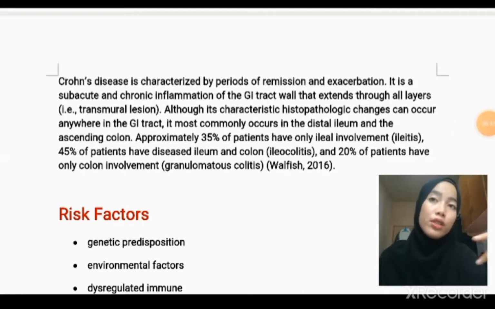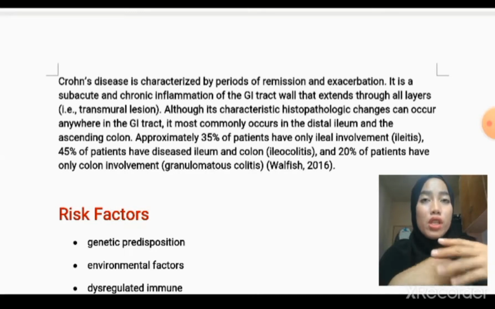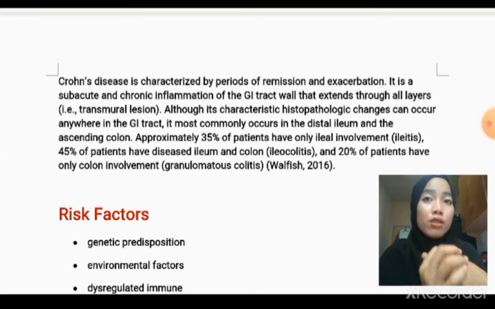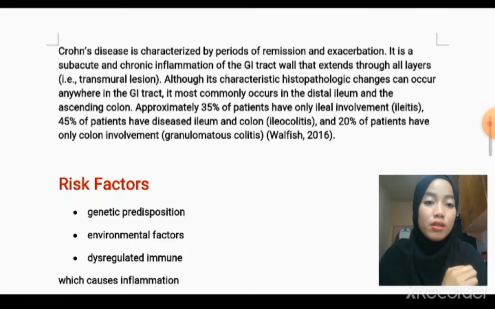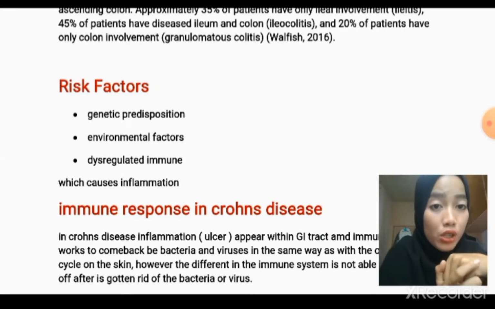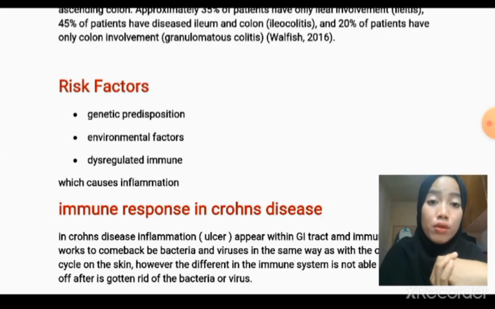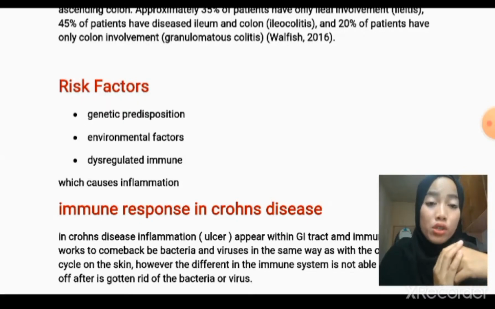Many factors can contribute to a person's risk of having Crohn's disease, but the main categories are genetic predispositions, environmental factors, and dysregulated immune response, which causes inflammation.